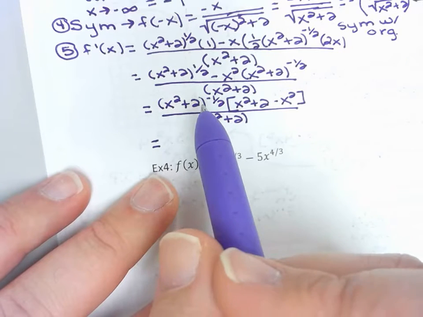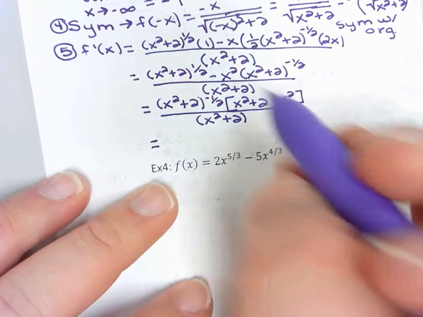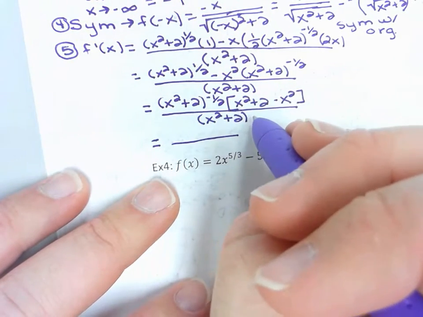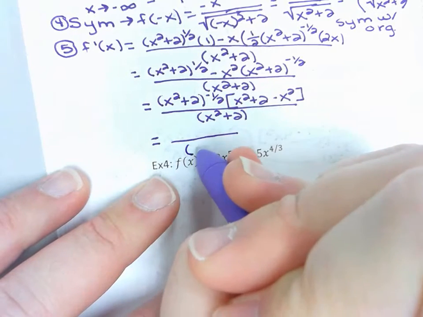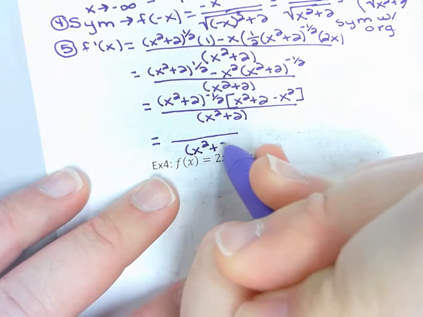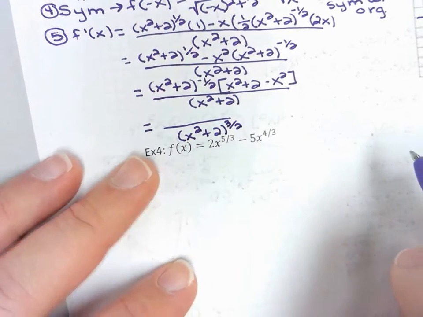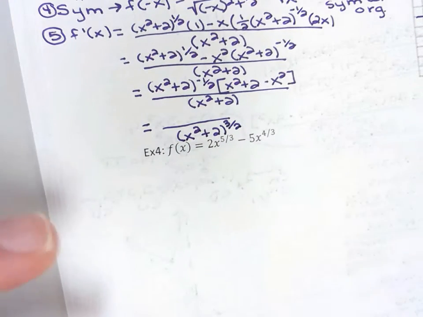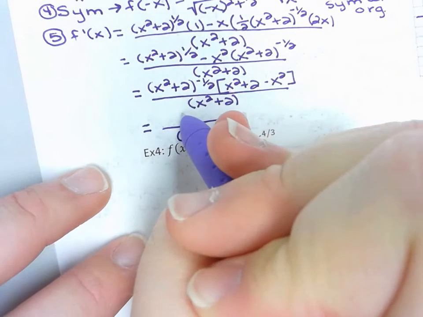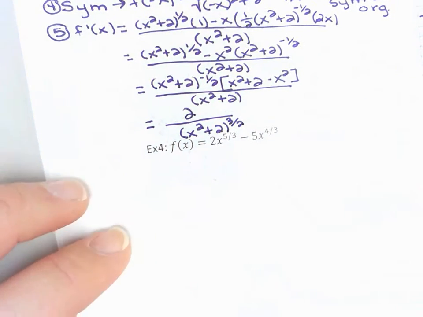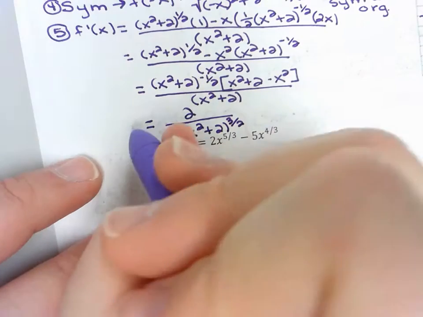The bottom. And if I already have an x squared plus 2 to the first, I'm going to have an x squared plus 2 to the what in the bottom? 3/2. When you move them down, you add the exponents. So 1/2 plus 1 is 3/2. And the top is just going to be 2.